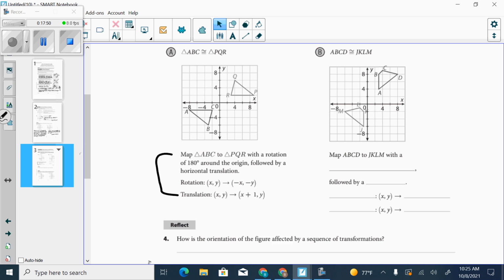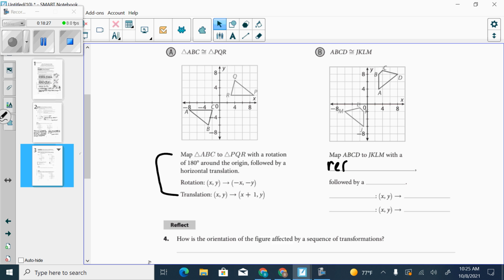We're going to want to be able to come up with the 2 or more transformations that may be happening in our figure. Okay, so on example B, the one we're supposed to do, we're trying to make ABCD map to JKLM. So what would I have changed about this one to get it to end up here? Okay, well, first of all, are they on the same side of the axis? So how would this one have ended up facing that direction over there? A reflection, okay? Reflection over what?